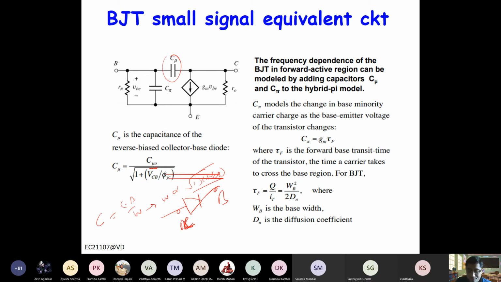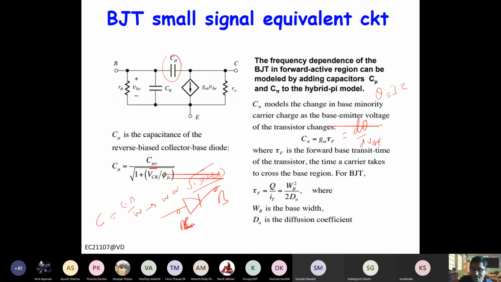Similarly, your C pi can be obtained from this: gm times tau. How do you get it? Now C is basically dQ by dV at the base emitter junction, right? Now Q you can write is I times tau. So this becomes basically dI by dV.